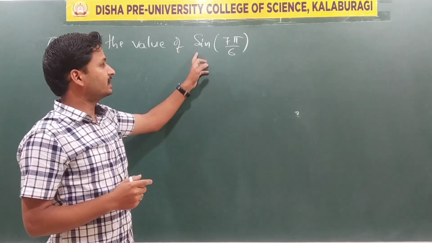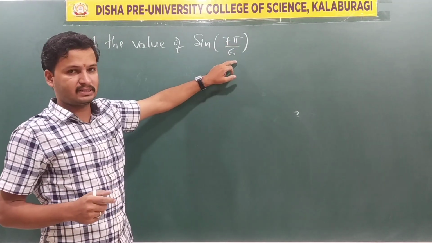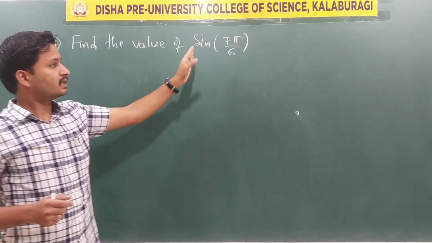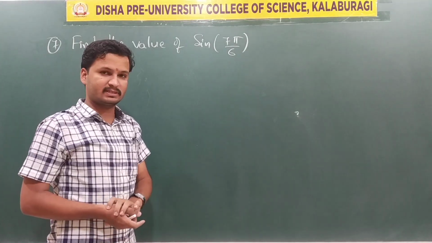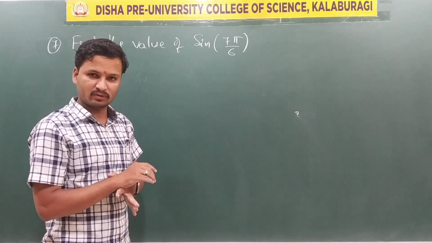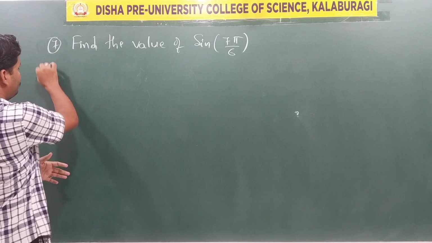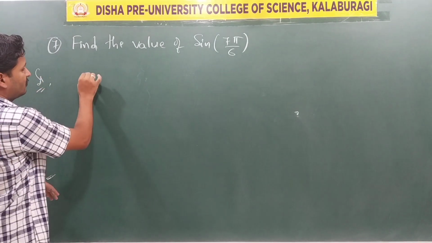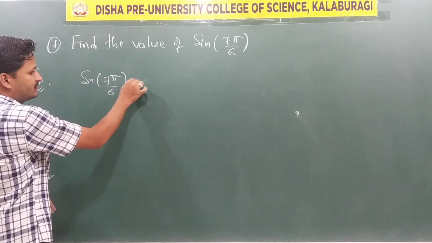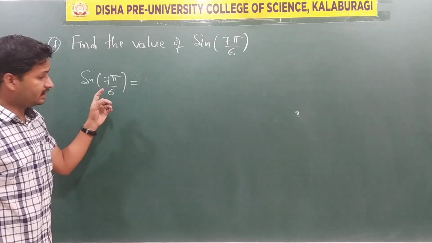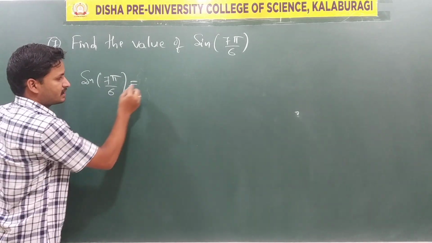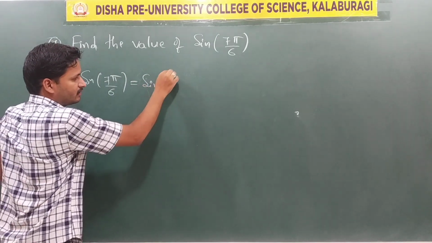If you know sine of pi by 6, sine of pi by 6 is sine 30 degree. Sine 30 degree is 1 by 2. Correct? But here sine of 7 times pi by 6 is there. So again we need to go by the allied angle method only. So in the solution, sine of 7 pi divided by 6, see, observe how to split this 7 pi by 6.